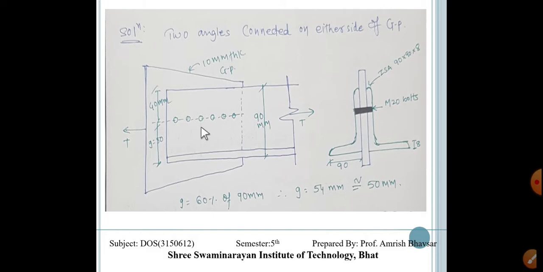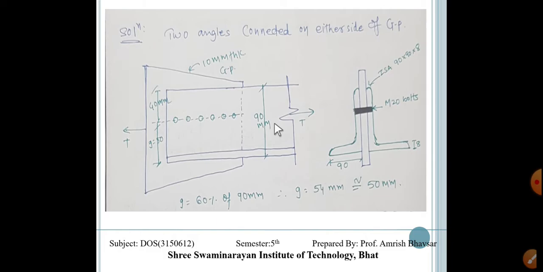So we know that our bolt is provided at the gauge distance, which is given in the steel table as well as in SP6. We have to take 60% of the outstanding leg. So it is 60% of 90, that is 54, but here we have taken 50 mm as a round figure. So it is 50 mm and it is 40 mm from the top.